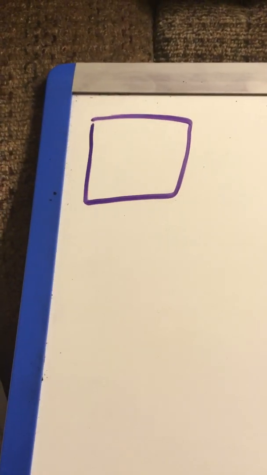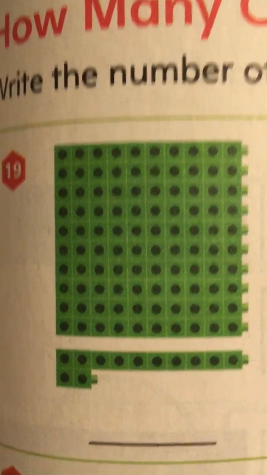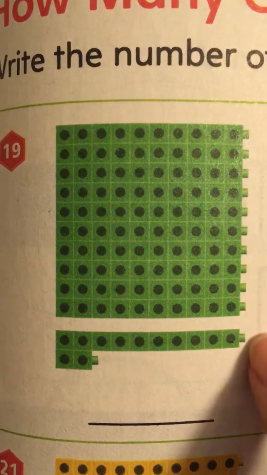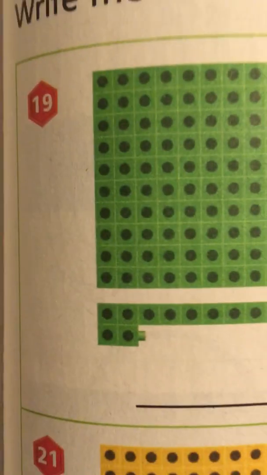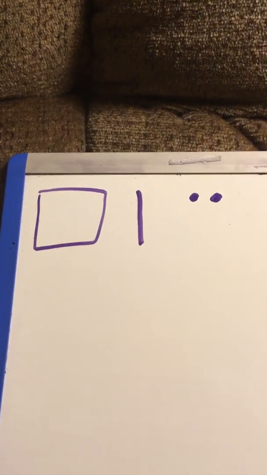In this problem, we have a 100 cube. We have 110, so we just make a line for the tens. And we have 2 ones, so we're just going to make the dots for the ones. That's how you draw it on your paper.